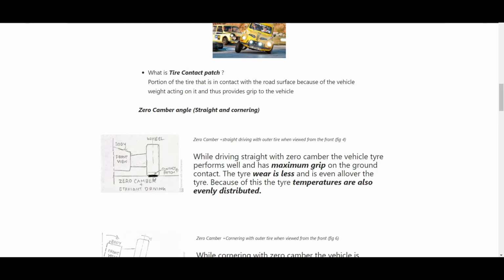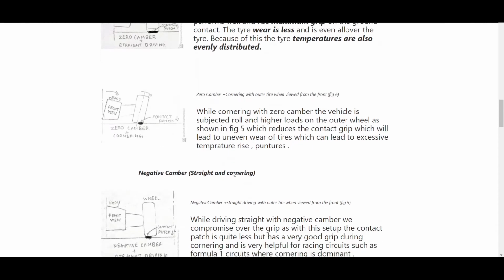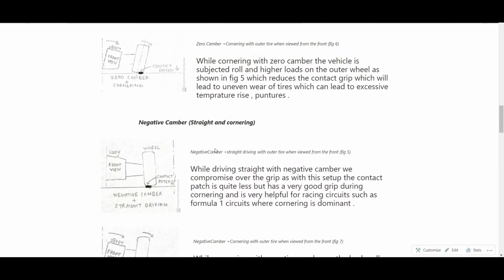That portion of contact is called the tire contact patch. When seen from the top, it will be of some different shape because of the viscoelastic properties of the tire. Okay. Now, for camber angle, we'll be looking at two conditions, that is straight driving and cornering, with zero camber angle as well as negative camber angle.